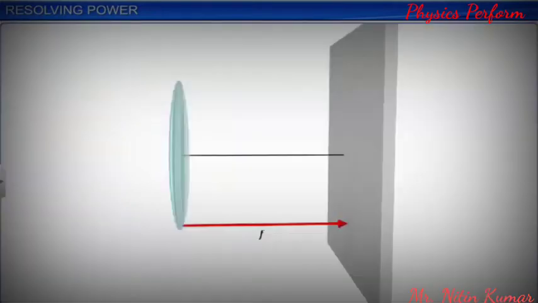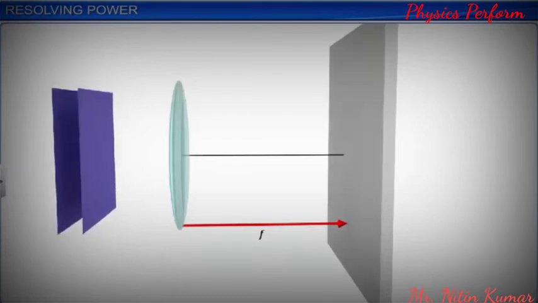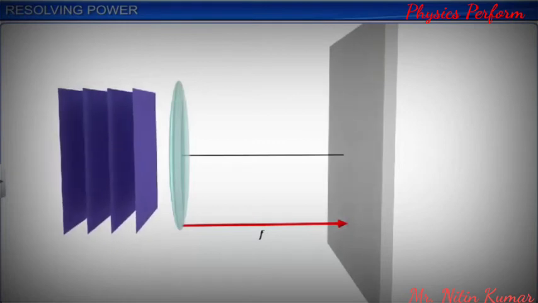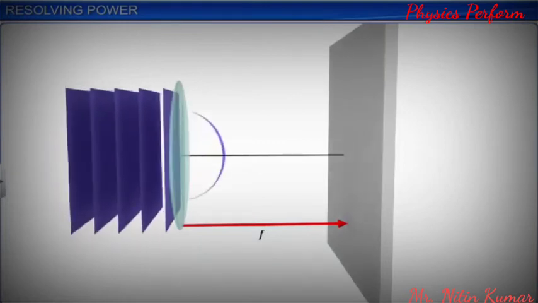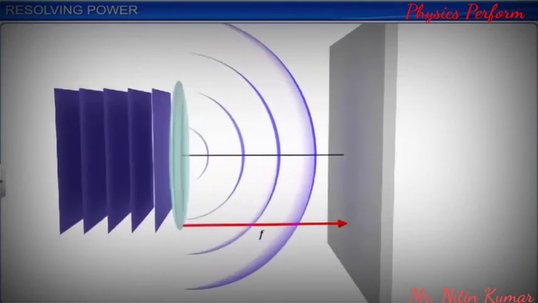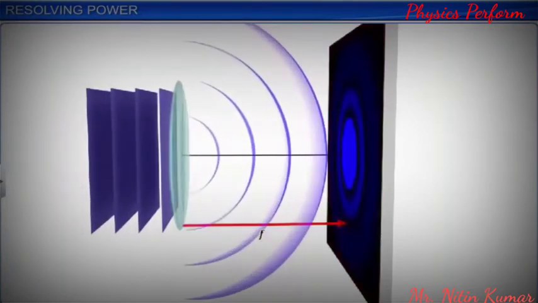Let's consider a lens of focal length f with a screen at the focal plane of the lens. If plane wavefronts of light from a distant point object are incident on the converging lens, then the image formed is a diffraction pattern consisting of a central bright disk encircling bright and dark rings.